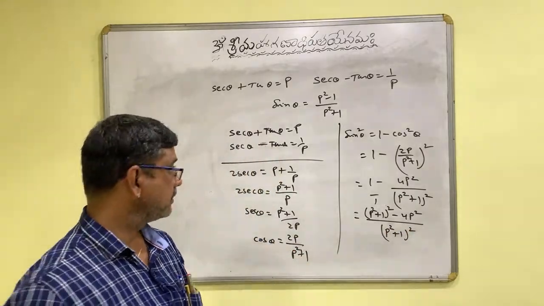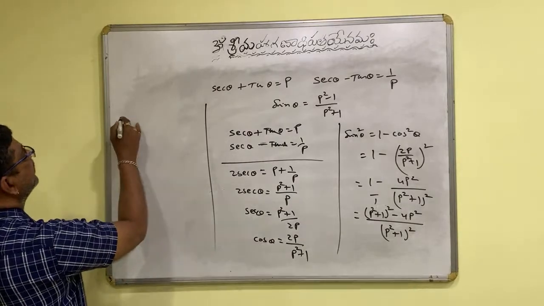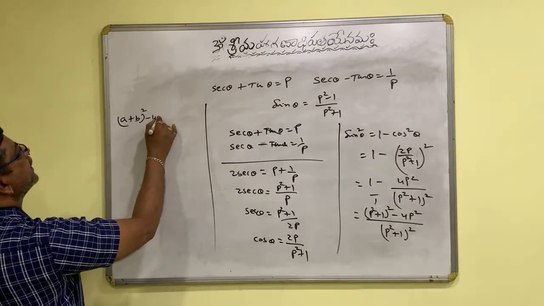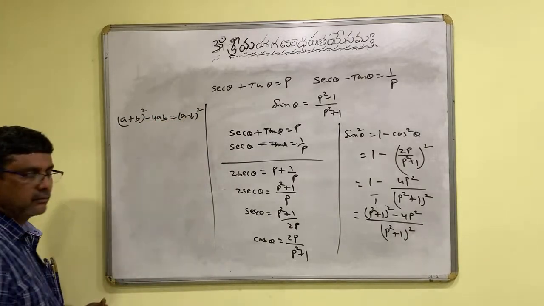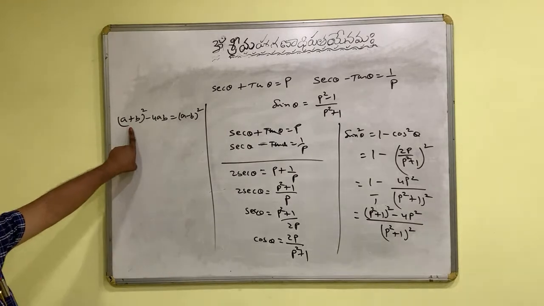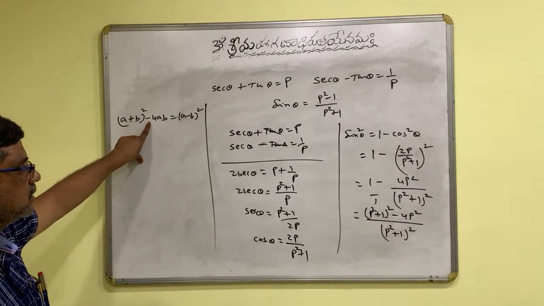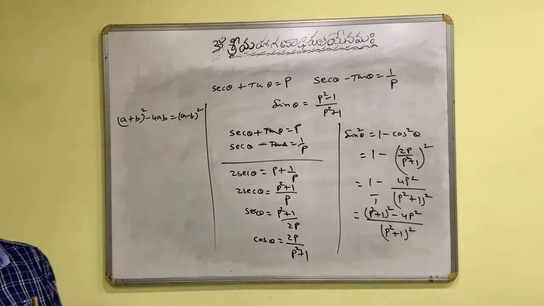Children, we have an identity that a plus b whole square minus 4ab, we can write it as a minus b whole square. This one you need to understand first. A plus b whole square minus 4ab is a minus b whole square.